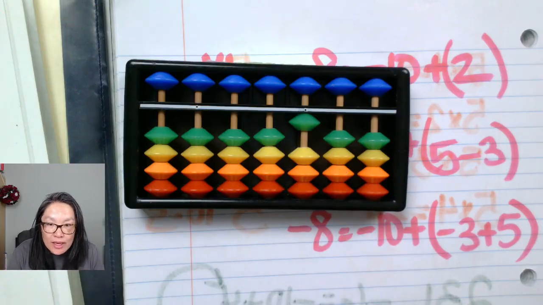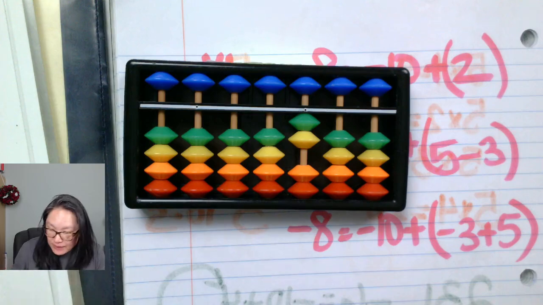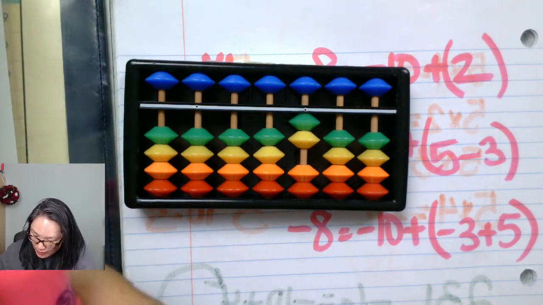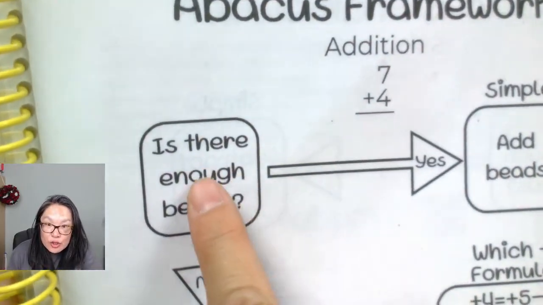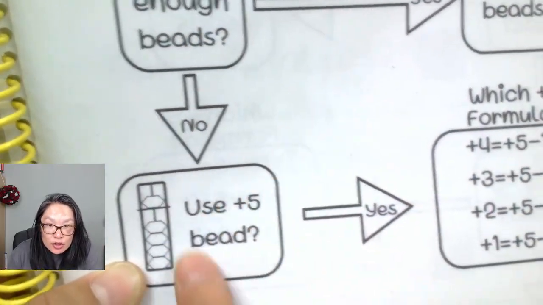That's the reason why we do the things we do. Do you have enough? Yes. So I'm going to do it. That's why I have this framework. The framework is, do you have enough beads? If so, then add it. If not, use the formula.